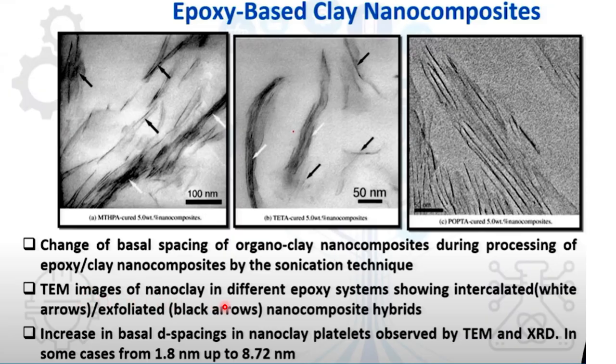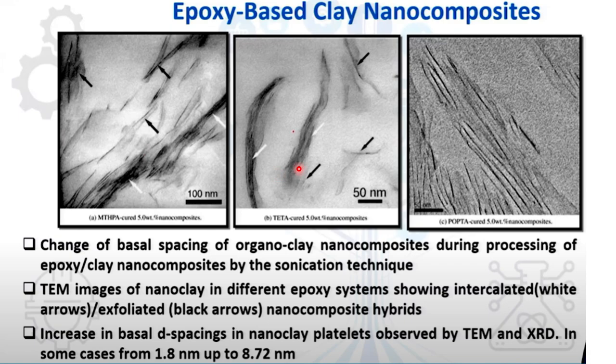Now the TEM image of the nanoclay in different epoxy systems showing intercalated, white arrows, or exfoliated, black arrows. So that means since clay is a layered type of material, how the polymer is intercalated in between the layers of the clay, you can identify through the TEM.